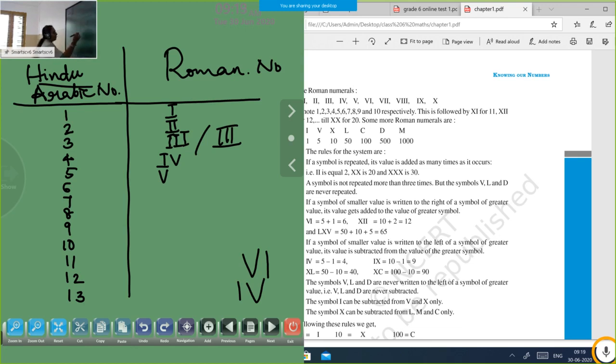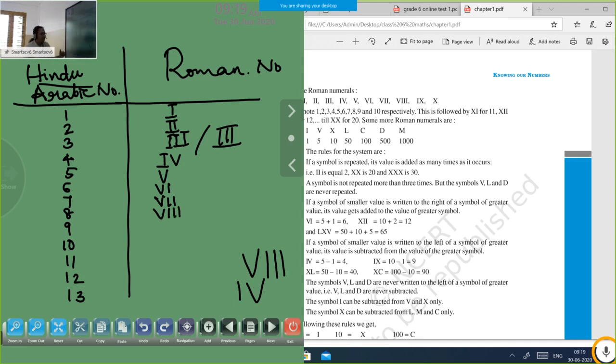So 6 is VI. 7 means 5 plus 2, so VII. Next, 8 means 5 plus 3, so VIII. Teacher is writing 8.